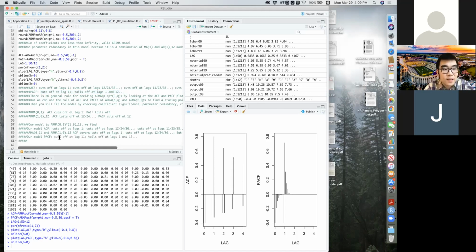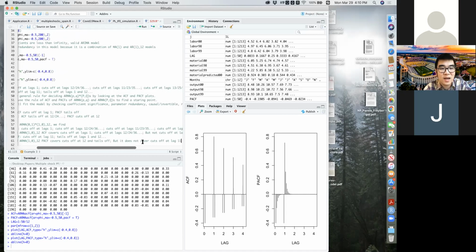For the PACF plot of the pure MA(1) and pure seasonal models, it cuts off at 12 and tails off, but it does not cover the cutoff at lag 11.